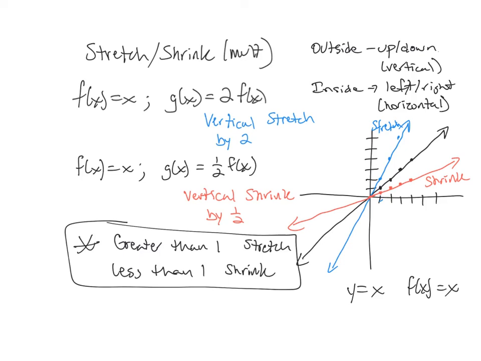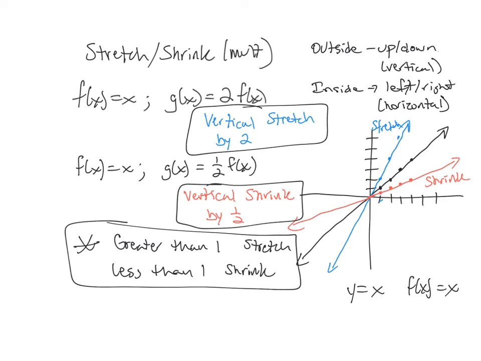All right, so one more thing about stretches and shrinks. Greater than 1 meant a stretch. Less than 1 is a shrink. Well, 1/3 meant a shrink. Okay, the vertical stretch by 2, vertical shrink by 1/2.